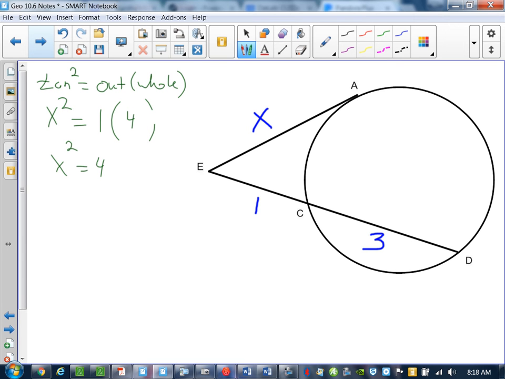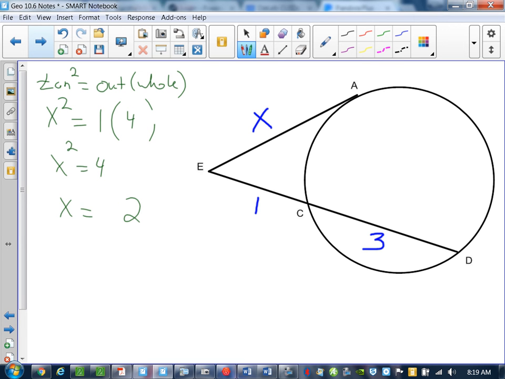Now be careful. When you square root something, technically isn't it a plus or minus when you go over an equal sign? Because is -2 times -2 equal to 4? So my answer should be x equals plus or minus 2. But can I have the -2 as a segment length? No. In this case, I cannot.